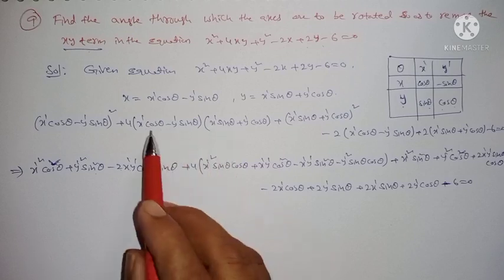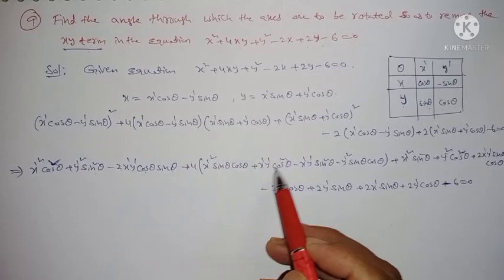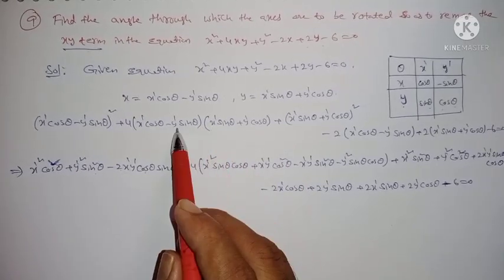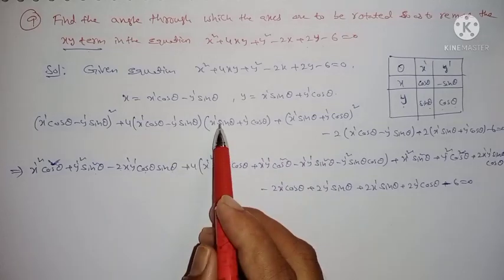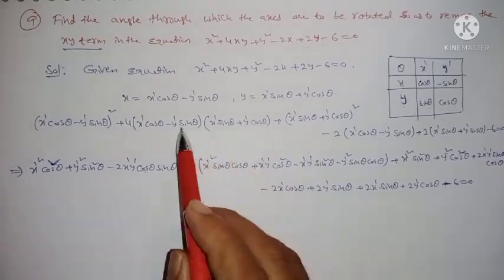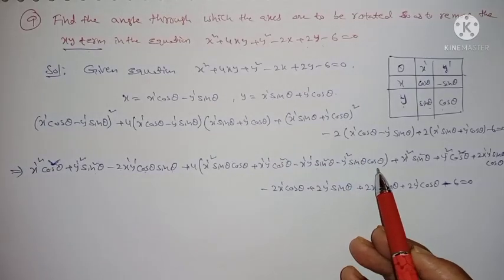And the second term is x dash y dash cos square theta, and in the first term minus y, x dash and y dash sin square theta, and the last term is minus y dash whole square sin theta cos theta.